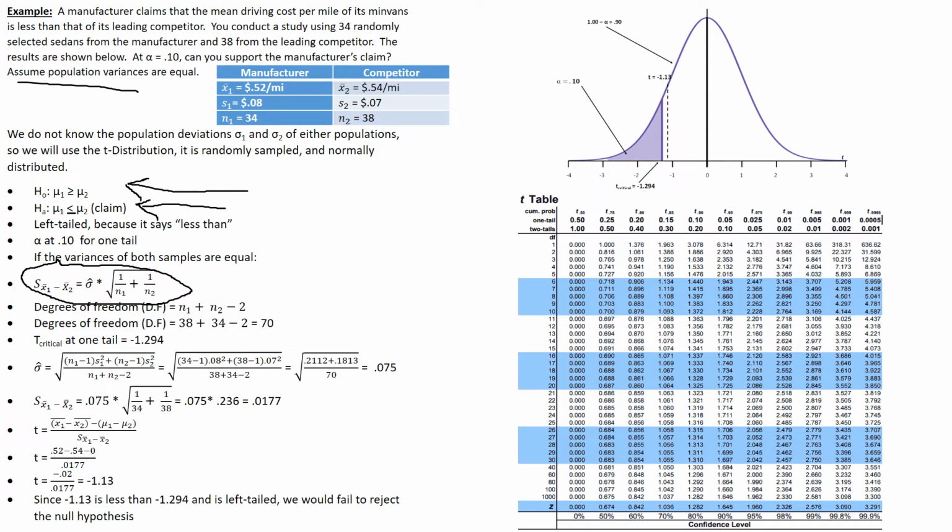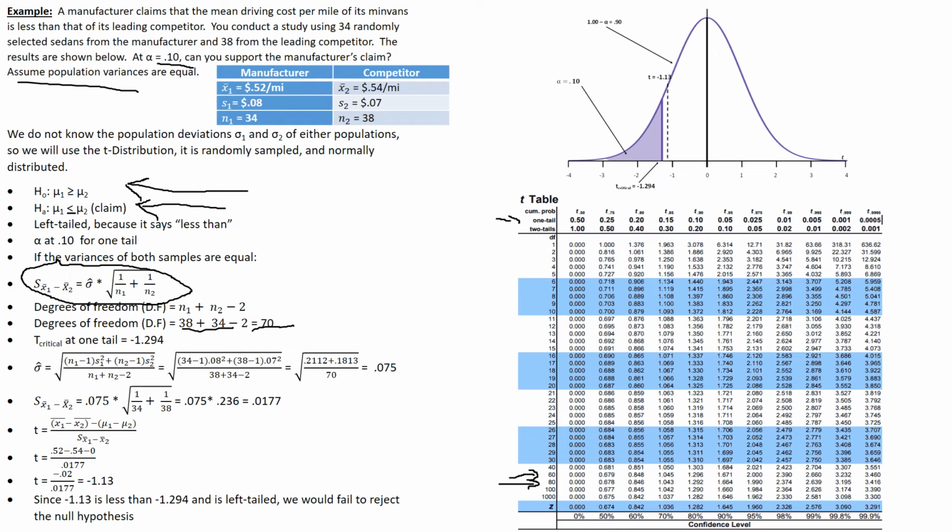Because it's equal variances, I'm going to add 34 plus 38, which is 72, minus 2, which equals 70. Now, what we have here is one at 60, and one at 80. So we're going to make a guesstimate. It's going to be right between those two, at 0.10 one-tailed.